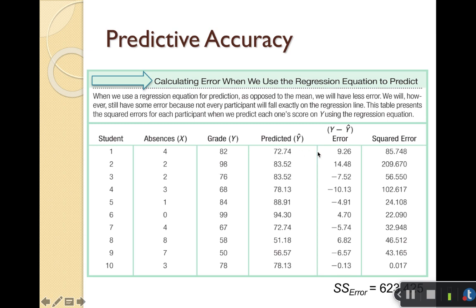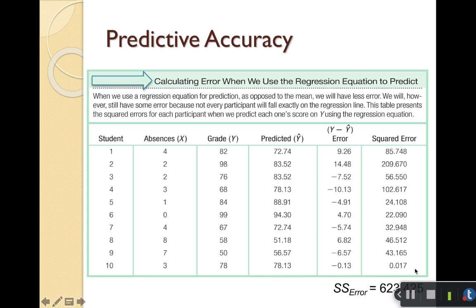Again, I can subtract their predicted grade from their actual grade and get this error. And I can then square it. So you can see for this person, I was off by a couple points here. You can see this person at the bottom, they missed 3 times. Their prediction was very close to what they actually received.